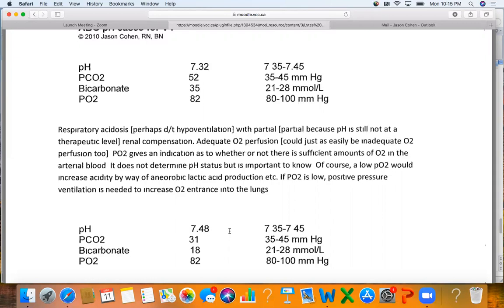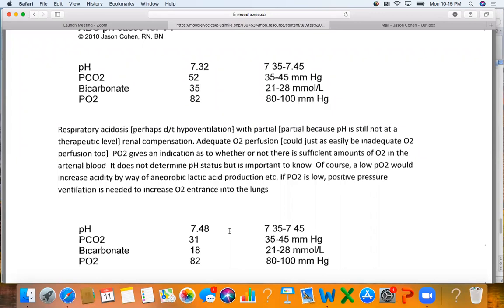But bicarb is low too. Now, there could be lots of reasons for that. It could be kidney failure. Could be that you're running out of bicarb stores. Whatever the case, the cause of the low bicarb is not really the issue.